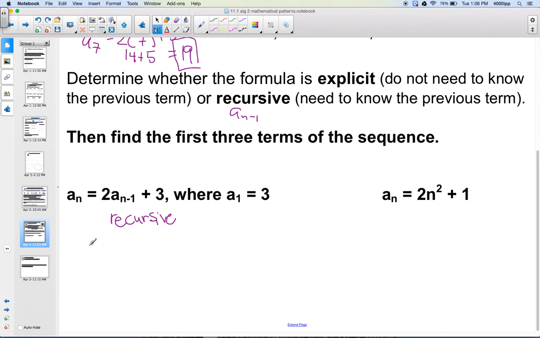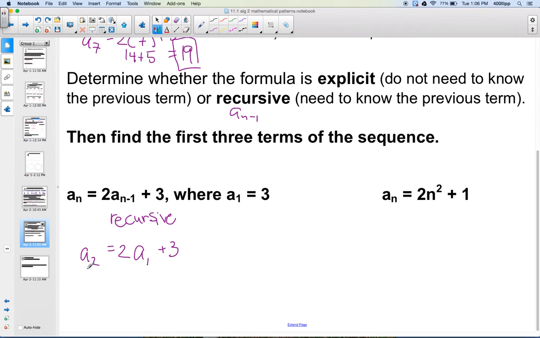Okay, so a sub 1, they're already giving us. They say the first term is 3. Let's find the second term, a sub 2. a sub 2 is going to be 2 times, remember a sub n minus 1 means the previous term. The term before a sub 2 is a sub 1, and then plus 3.